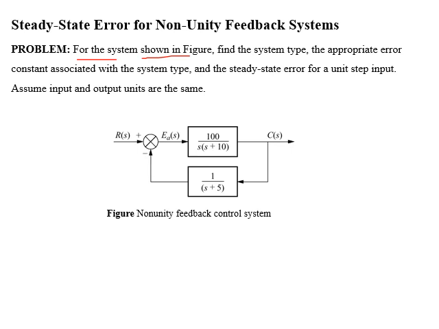Also, we have to find the system type and the appropriate error constant associated with the system type. The steady-state error we will find for a unit step input. Also assume that input and output have the same units.